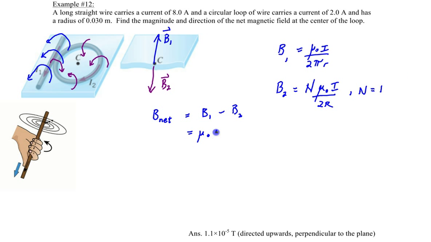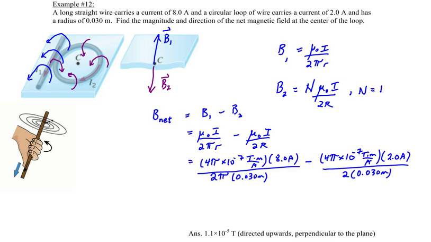So B1 will be μ0 I over 2π r, and B2 will be just μ0 I divided by 2R. Now you can substitute in and get your answer. There's the substitution, and you can do some cancellations.